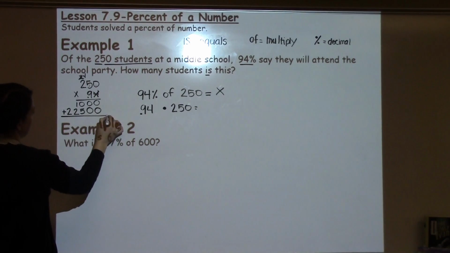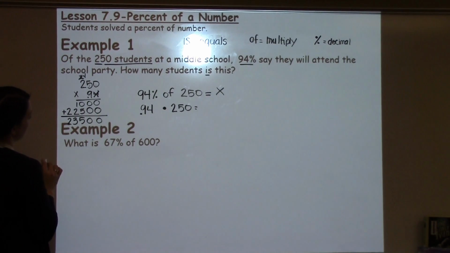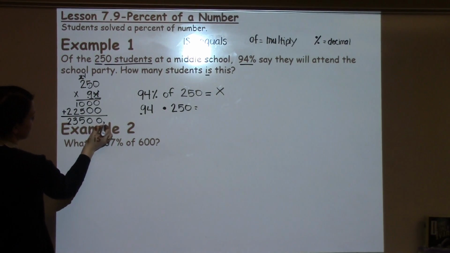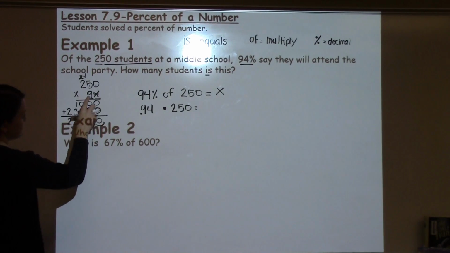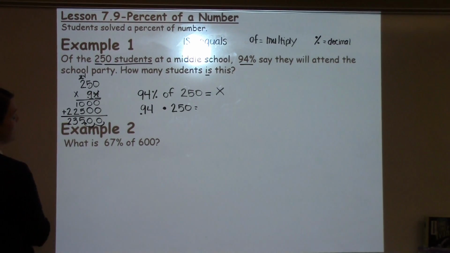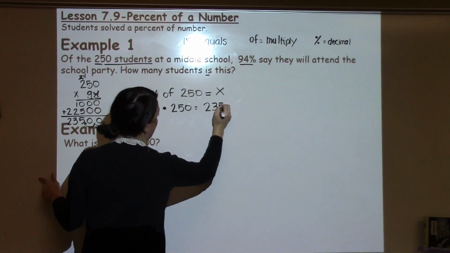I'm going to add what I have together. And I'm left with 235 because I need to move my decimal 2 spots over. Since I have 2 numbers behind the decimal in my problem, I need to have 2 numbers behind my decimal in my answer. So my answer becomes 235.